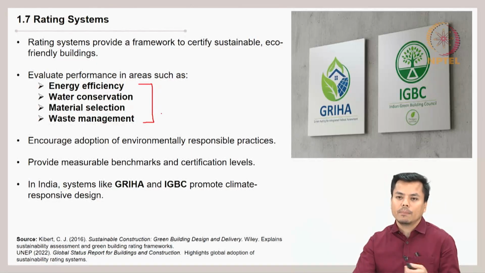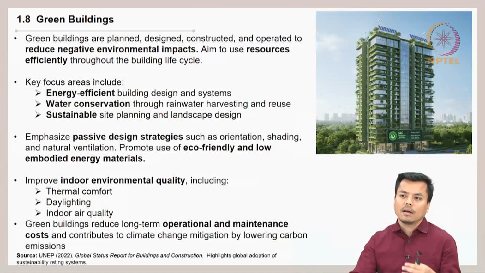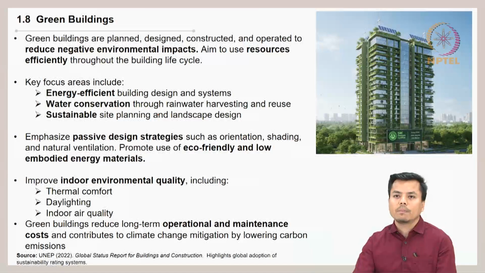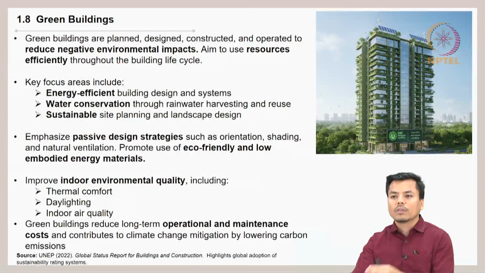These are the four broad parameters that are assessed in the rating system of buildings. In this context, green buildings are actually a byproduct of the rating system. Green buildings are planned, designed, constructed and operated to reduce negative environmental impact, and if a building is certified as a green building, possibly by IGBC, GRIHA, LEED, they have rated that building, and it is a sustainable building.